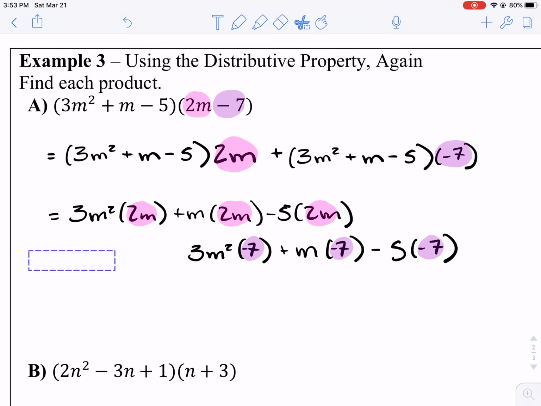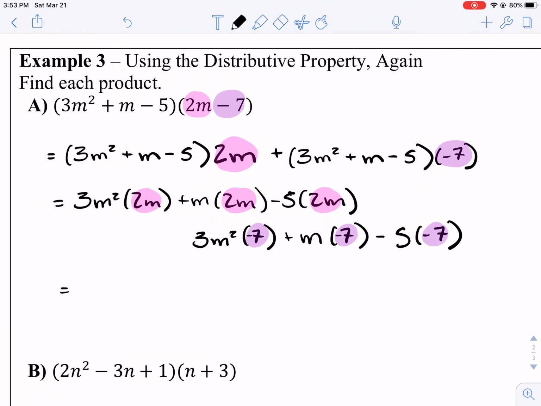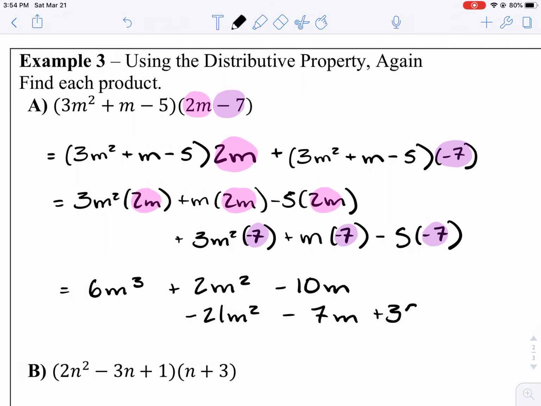Now I'm going to simplify these guys out. So this will give us a 6m cubed plus 2m squared minus 10m, minus 21m squared minus 7m plus 35.